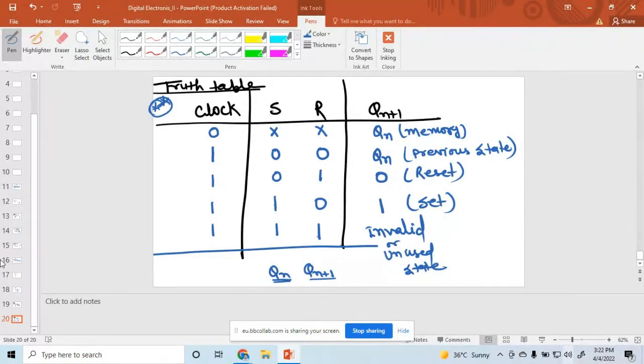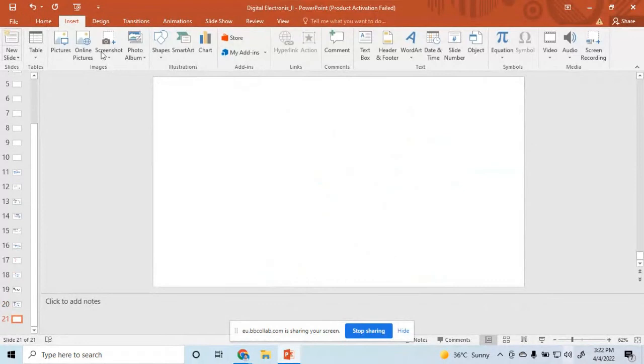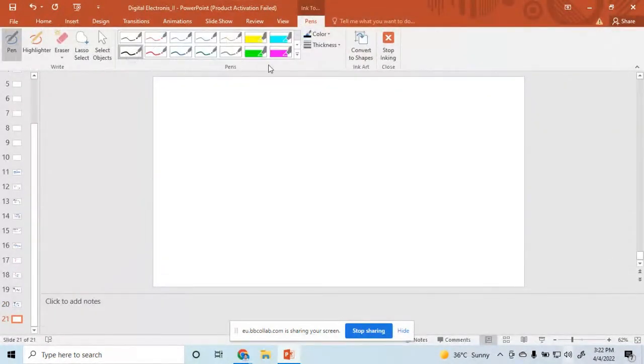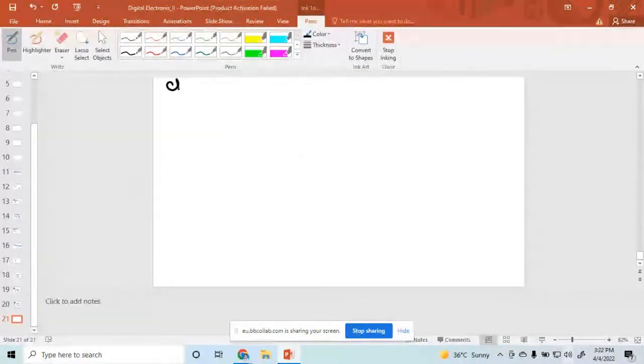So in this way, when you design using a NAND gate, or when you design using a NOR gate, this is the truth table of SR flip-flop. Now we discuss the characteristic table.